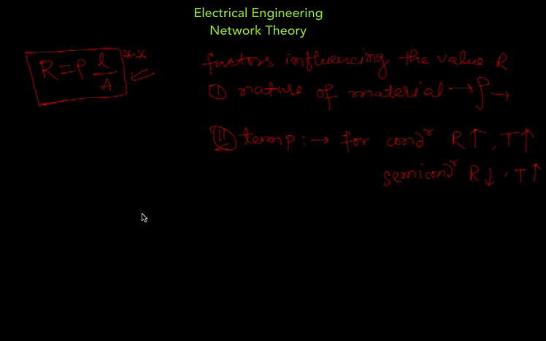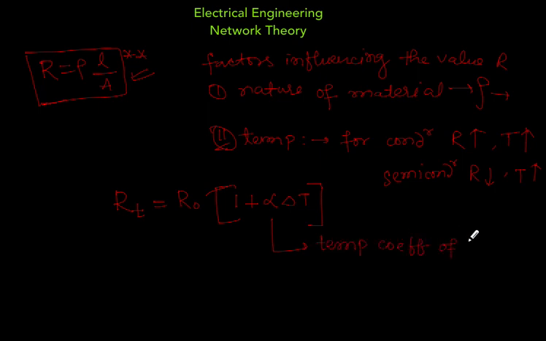We have a relation between resistance and temperature. Resistance at a temperature T is given by R naught, resistance at the reference temperature, multiplied by 1 plus alpha delta T. This alpha is called the temperature coefficient of resistance, and it can be positive or negative.